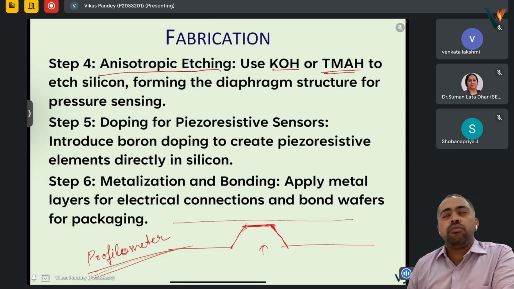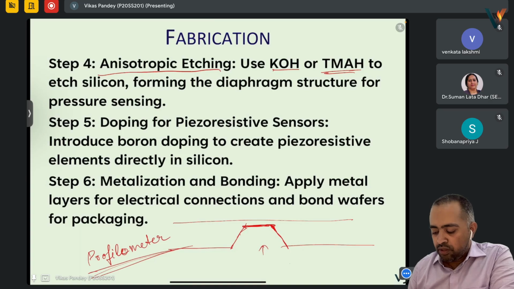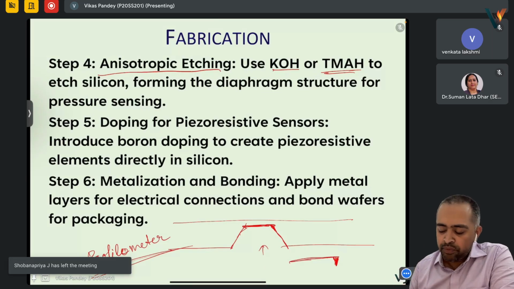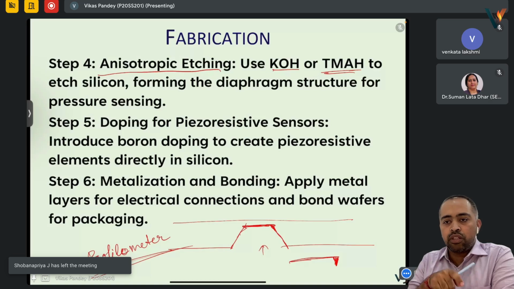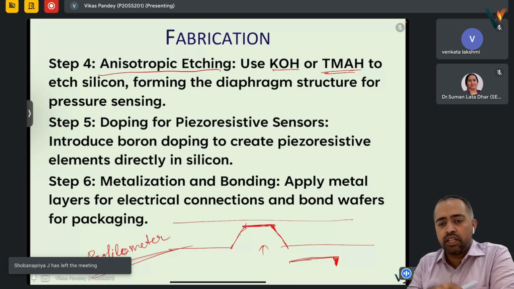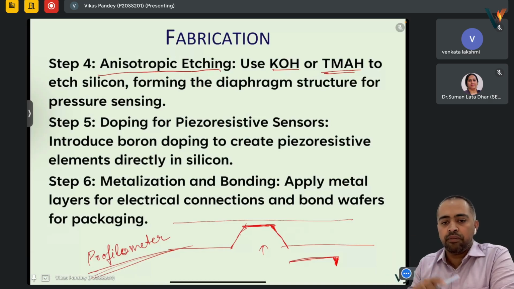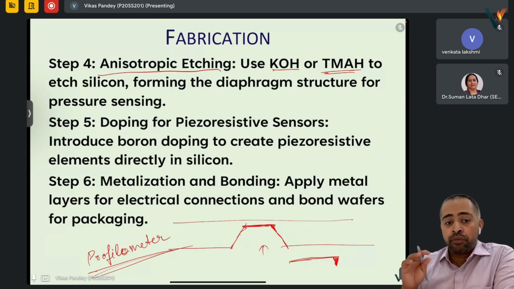A profilometer works very similar to AFM. We have talked about the AFM tip earlier. It will have a tip, and that also is a MEMS tip that will move over the surface, and due to the change in this movement, we'll be able to check the depth that has been made.